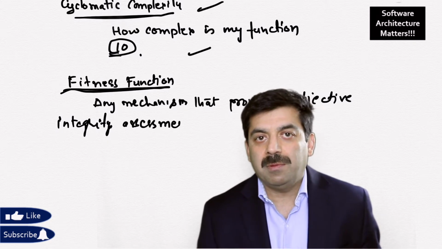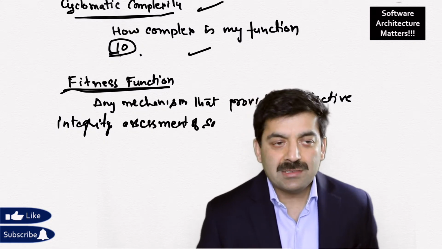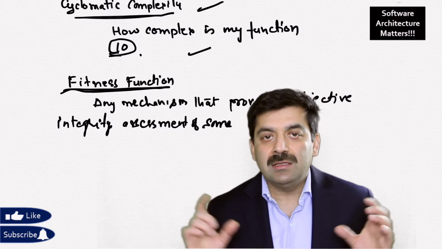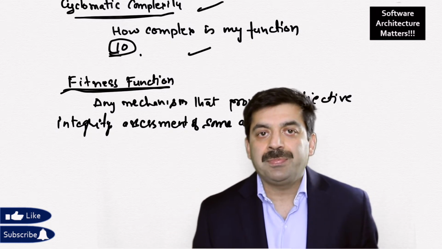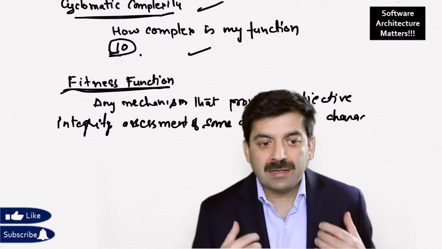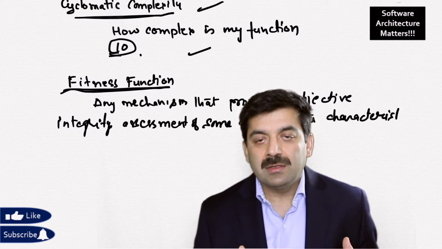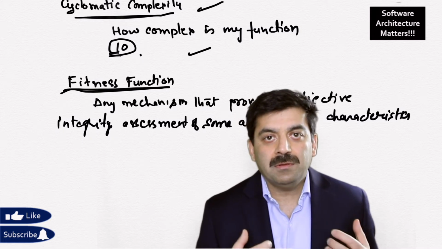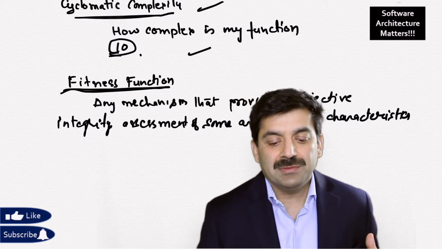When you're deploying the build to test or moving to production, this fitness function should pass. Otherwise something has gone wrong. That can give you indicators. So you have to come up with fitness functions.